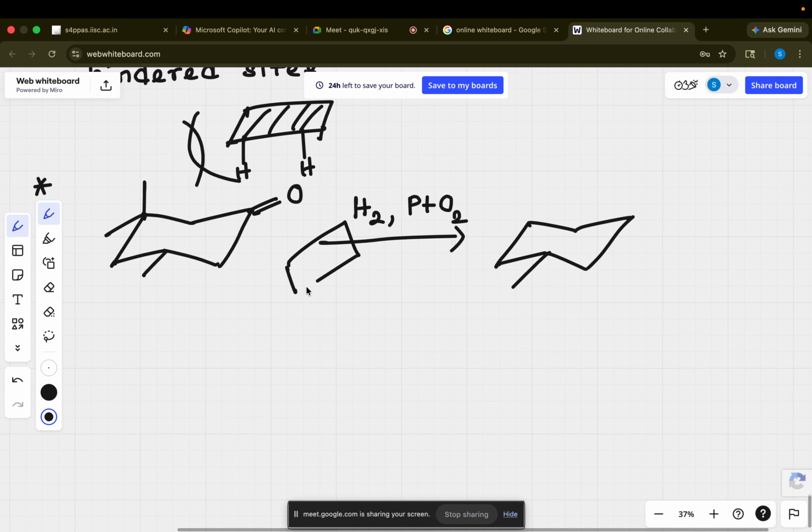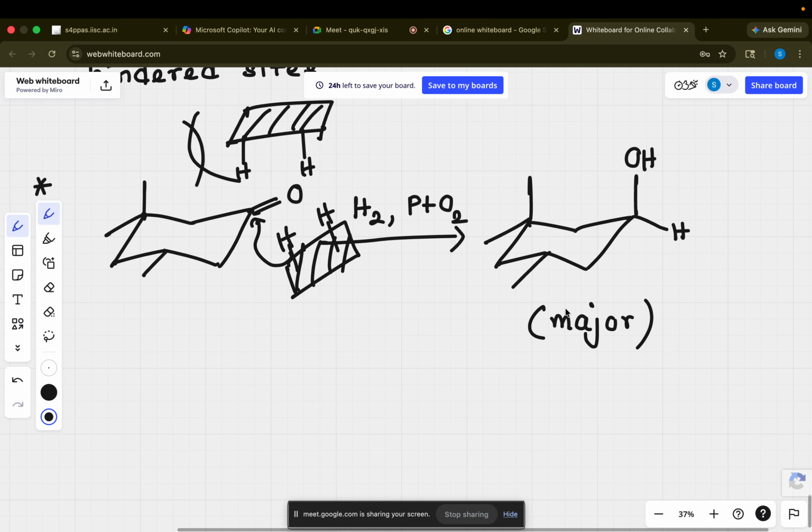And if it is approaching from this equatorial side, there is no repulsion. 1,3 diaxial interaction is not present here. So hydrogen will approach from the equatorial position, OH will move to the axial position. That will be your major product.